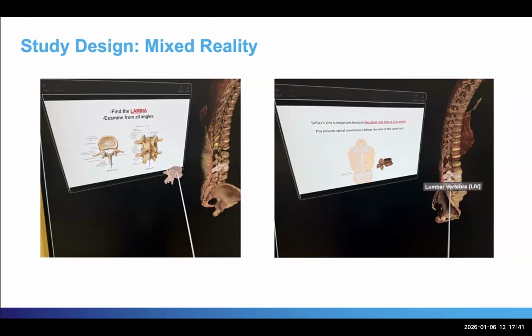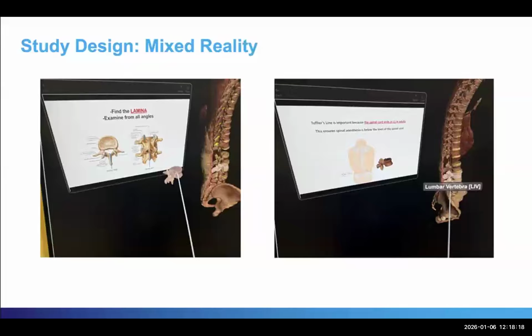We also were able to create a slide deck module that has a guided session that allows you to tell the learner to pull out the lumbar vertebrae and examine it at all angles and walk around it and really understand what that anatomy looks like so that as we're performing a procedure, you're able to understand what bony structure you might be hitting and what you might need to do to adjust your approach so that you're able to get into the right spot.